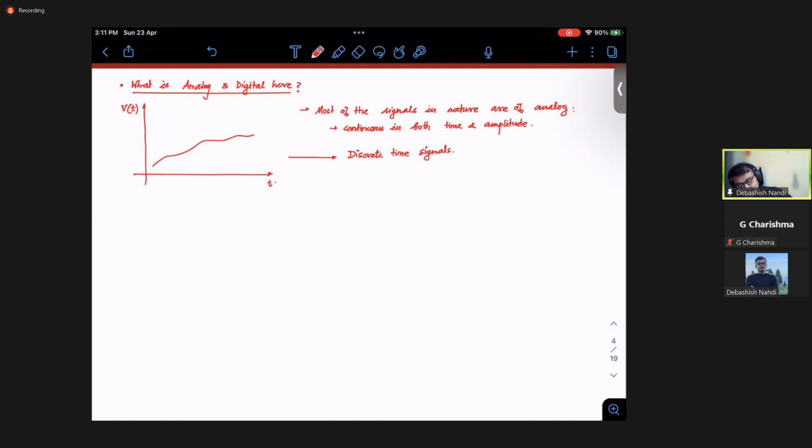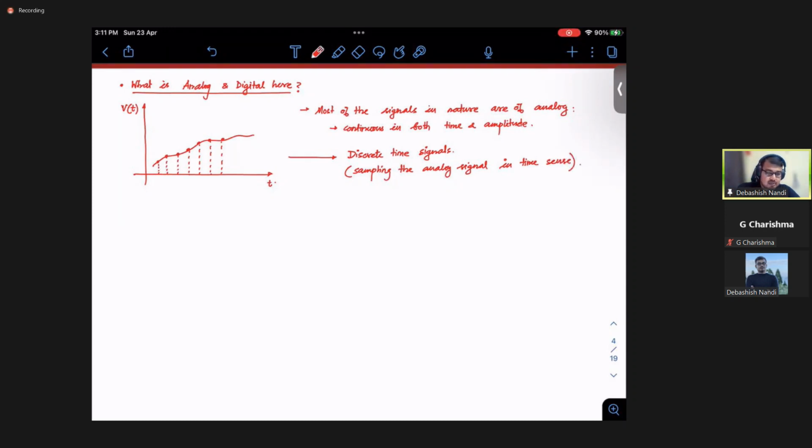So if you sample the time axis, then you will get this. Okay. So discrete time signals are you sampling the analog signal in the time axis.